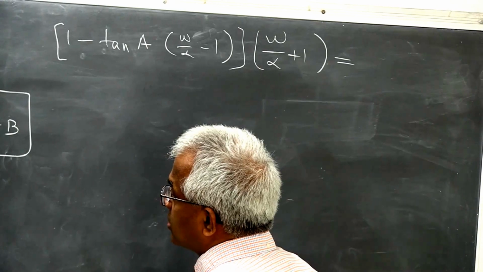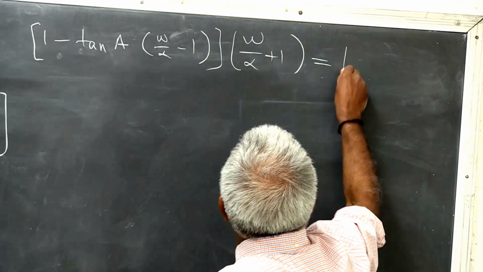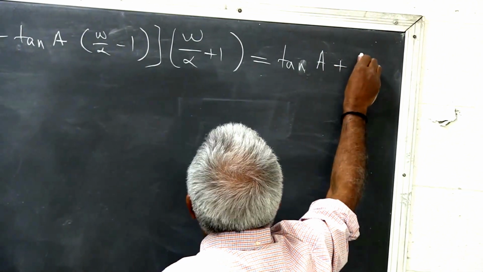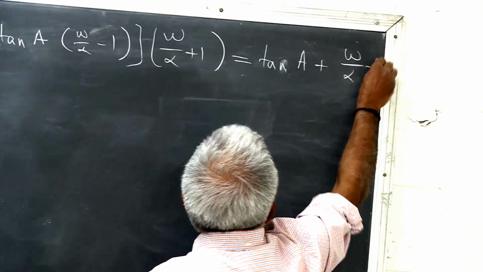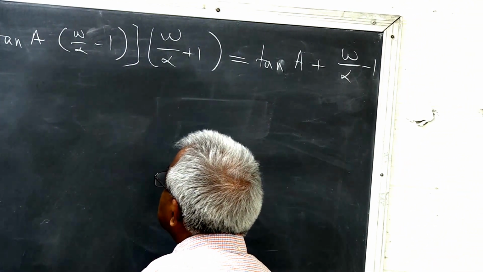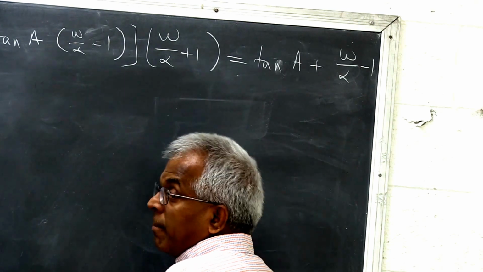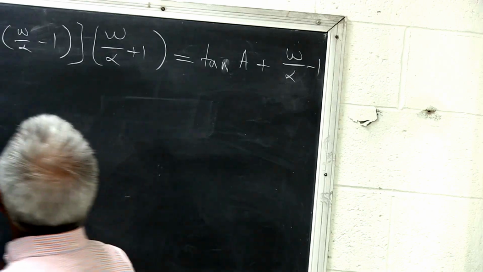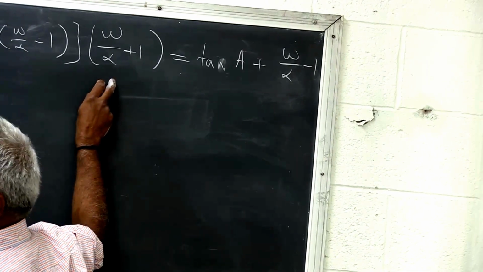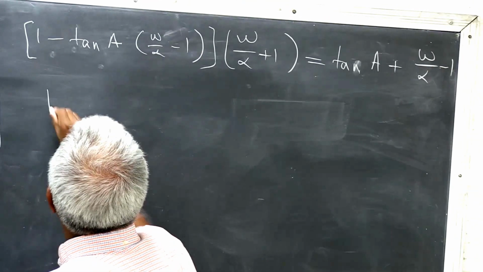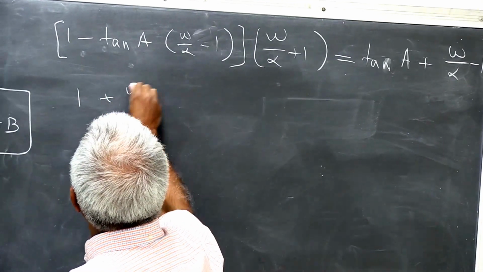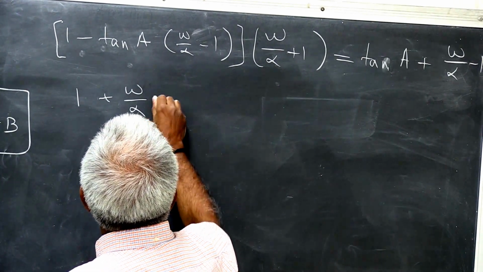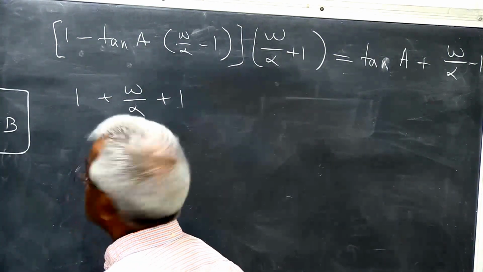You can see a lot of cancelling will go on. So there will be 4 terms here. So 1 plus omega over alpha, then plus 1.